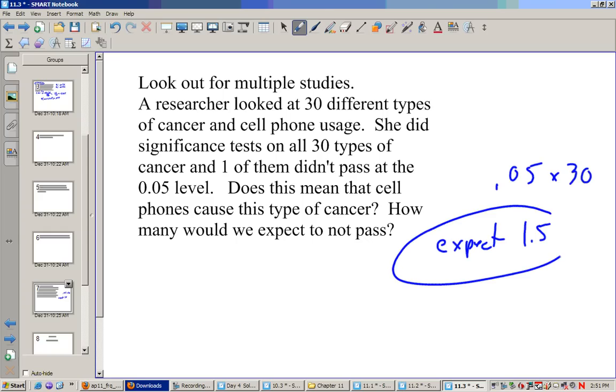That's just what we expect. So just because one study shows something linked to higher levels of cancer, that doesn't mean we can directly say that it causes it, because 5% of the time it's just going to end up in that location. You have to do many studies in order to find out a cause-effect relationship.